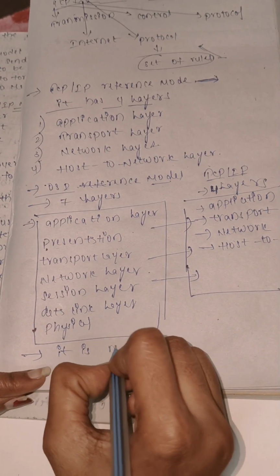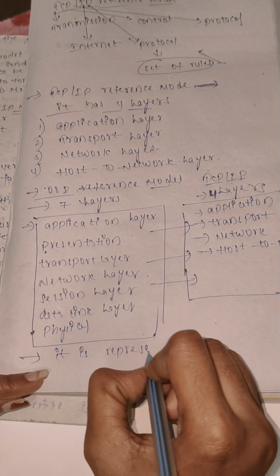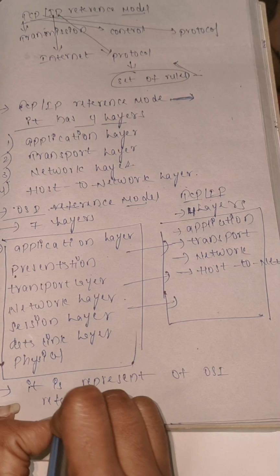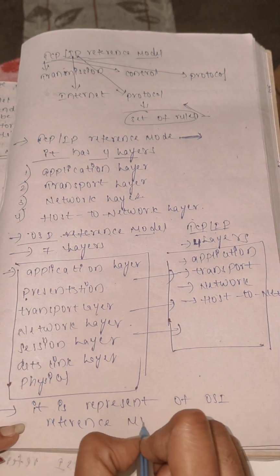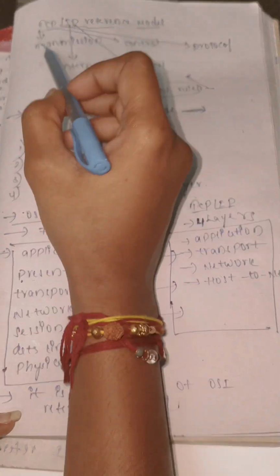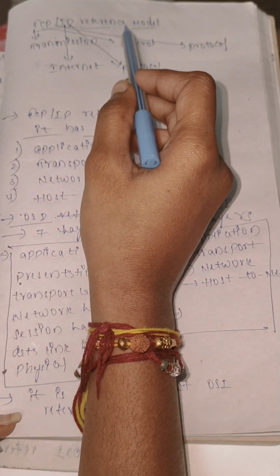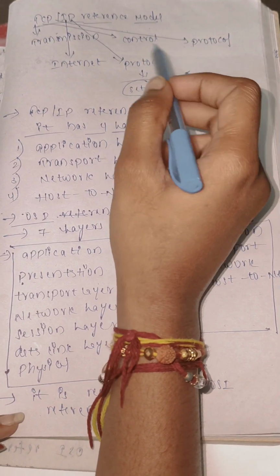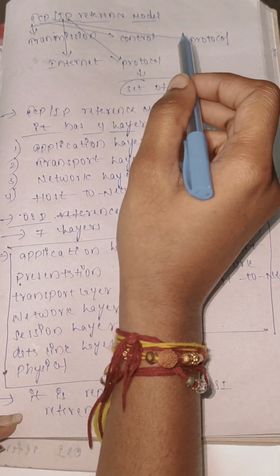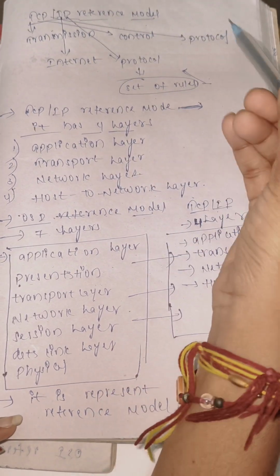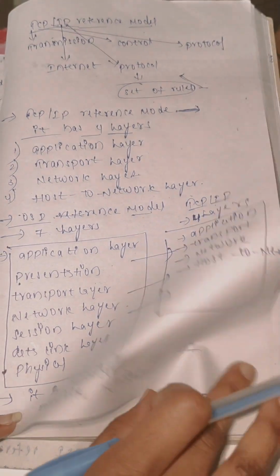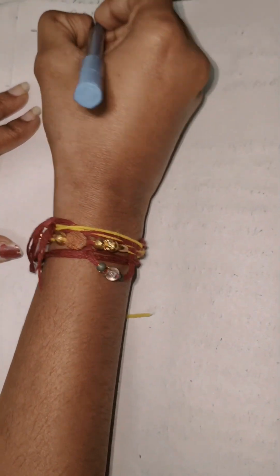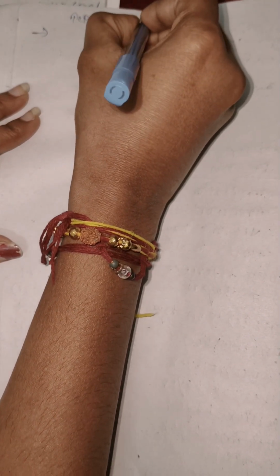The TCP/IP reference model was designed and developed by the Department of Defense in the 1960s. It is based on the standard protocols. Protocols is nothing but a set of rules.